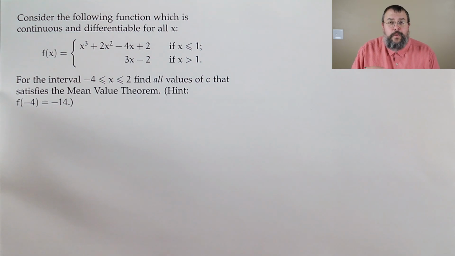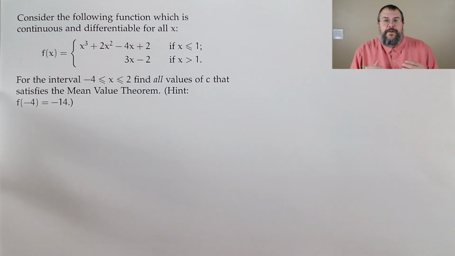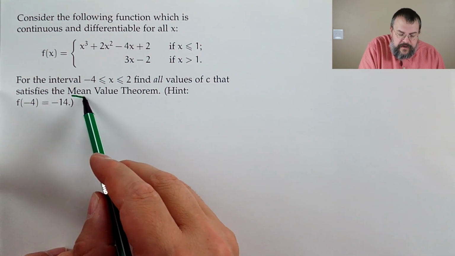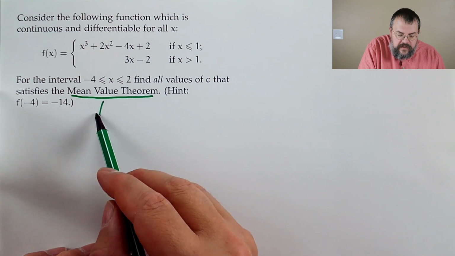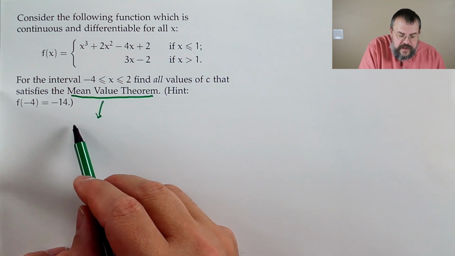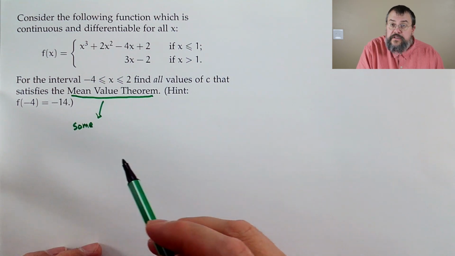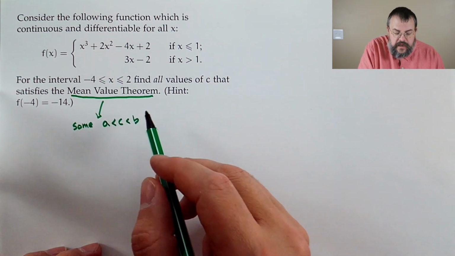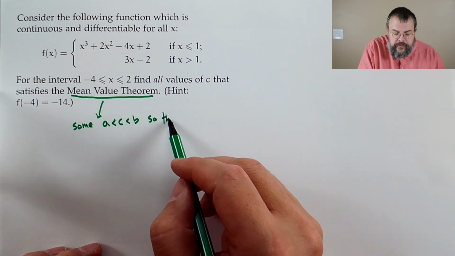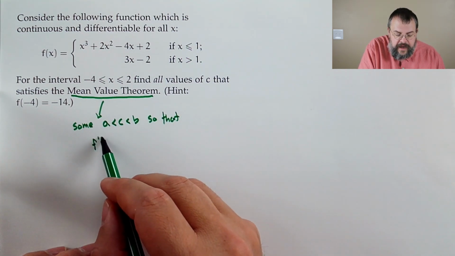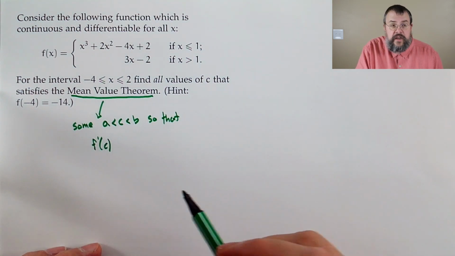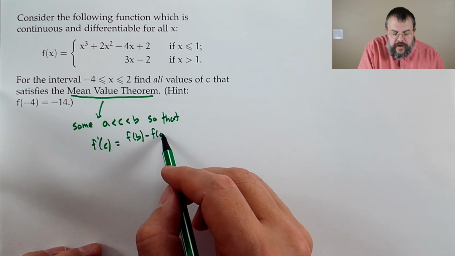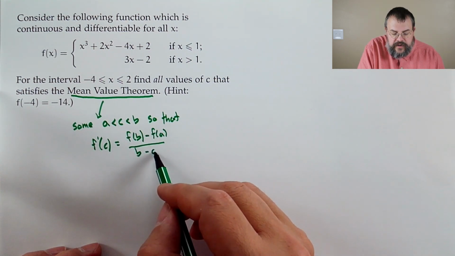All right, so we're saying, let's check the mean value theorem. What does the mean value theorem say? When we're trying to do something for the mean value theorem, we should understand what it says. It says that there is some, possibly many, c with a less than c less than b, so that the derivative at c, in other words, the instantaneous rate of change at c, is equal to f of b minus f of a over b minus a, the average rate of change.